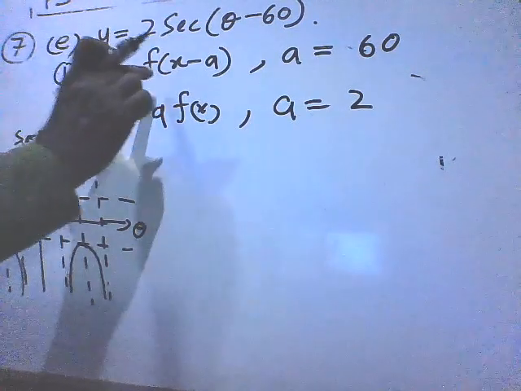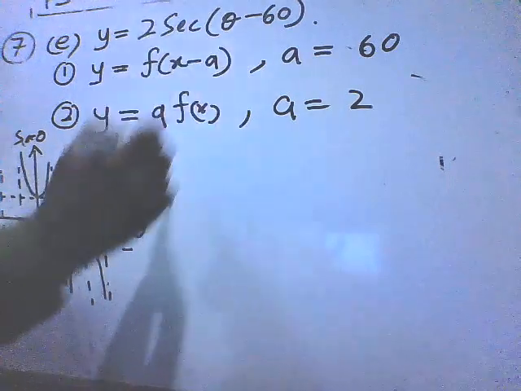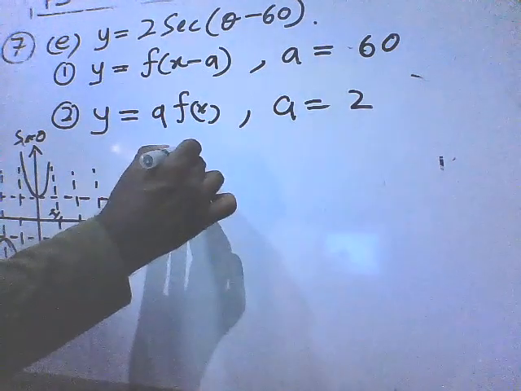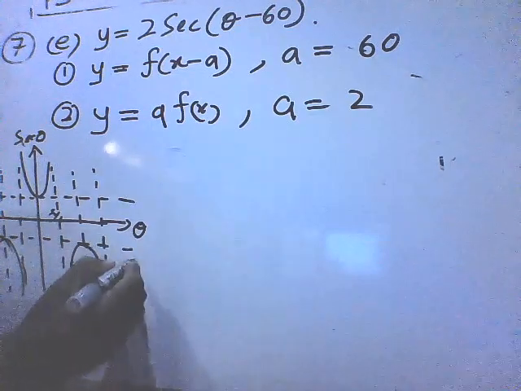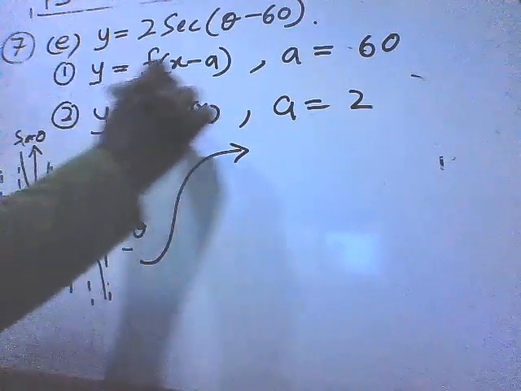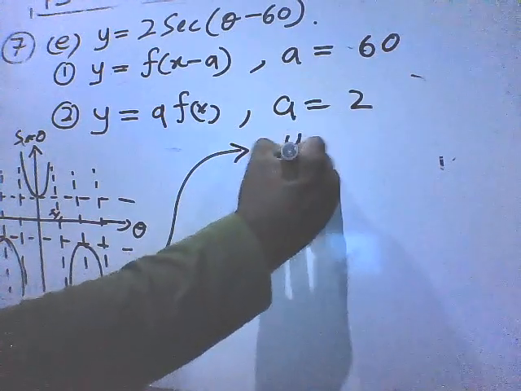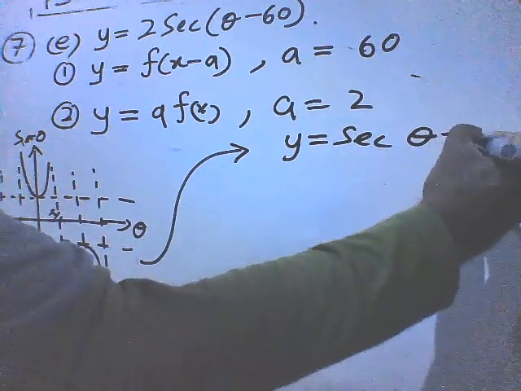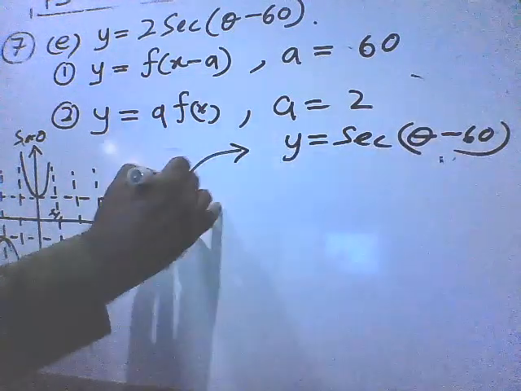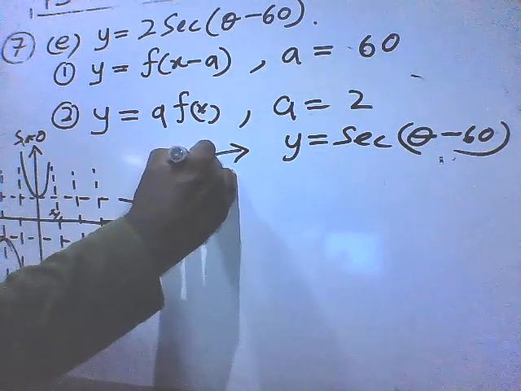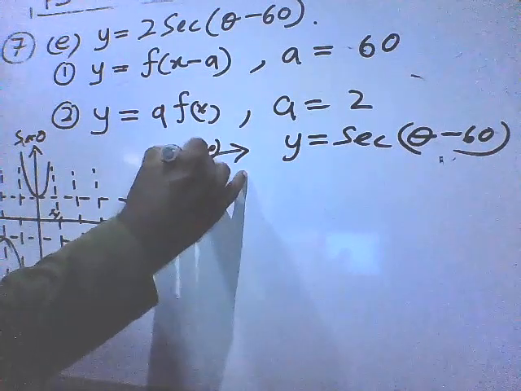Now if you are going to apply this to the graph, this is going to be y equal to sec of theta minus 60. That means we are going to apply y is equal to f(x) minus 60.